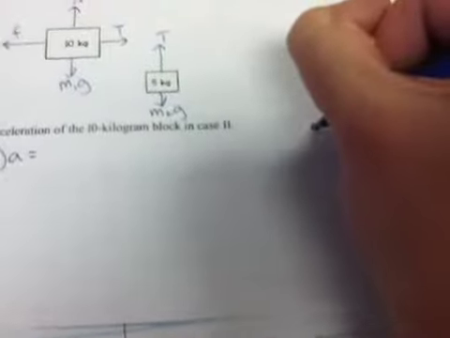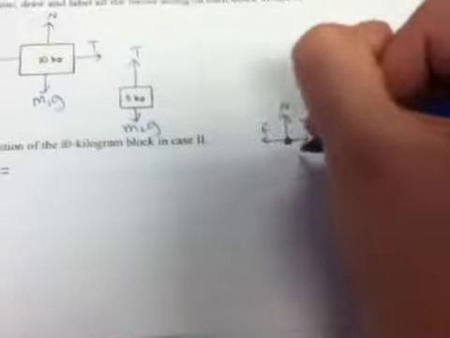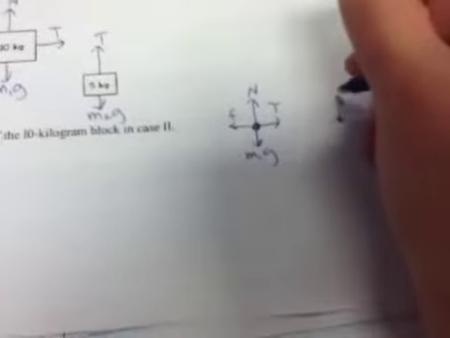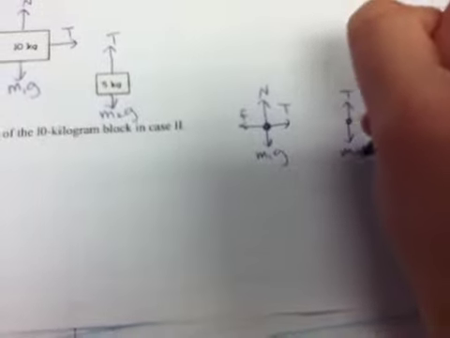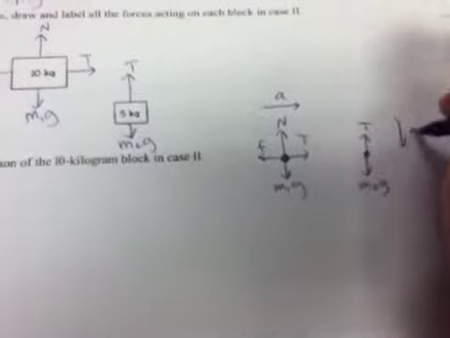So what are those forces? Let's go ahead and redraw those free body diagrams over here. We've got our normal, we've got our tension, we've got our friction, we've got our M1G, then we've got our tension again, and we've got our M2G. And over here, acceleration is going to the right, over here, acceleration is going down.